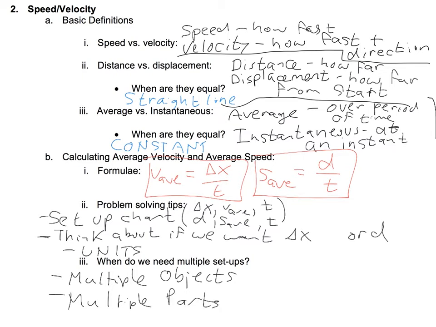We did a lot of problems where there was the first part of the trip, the second part of the trip, and then maybe the third part of the trip, and also the total trip. So if we have those, we're going to set up that basic idea, that basic chart for each one of our parts.